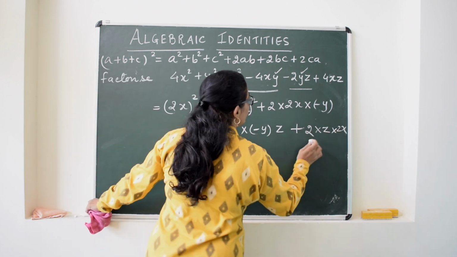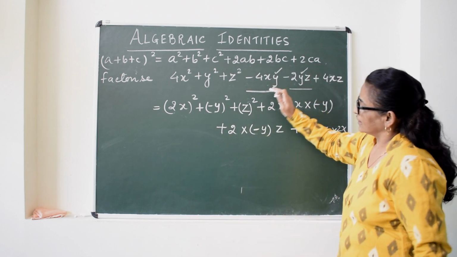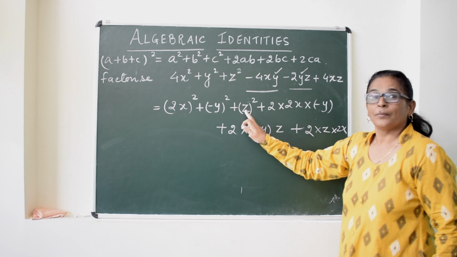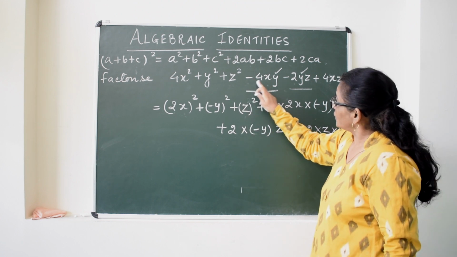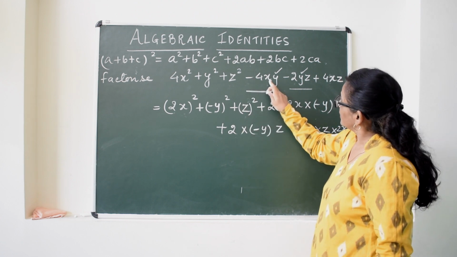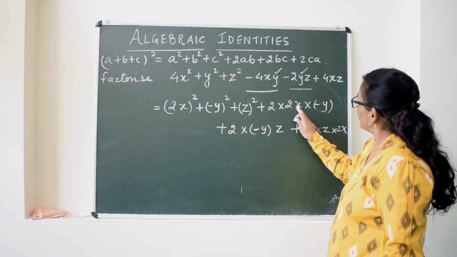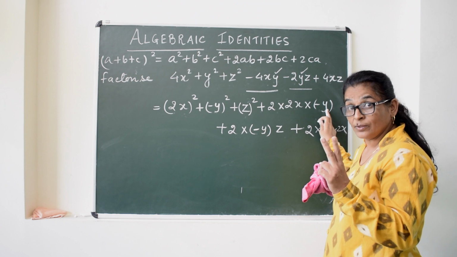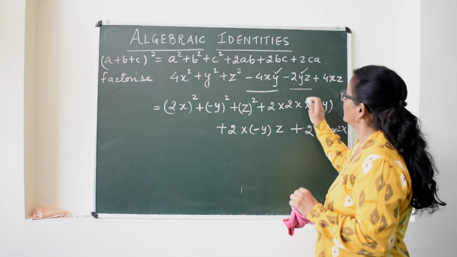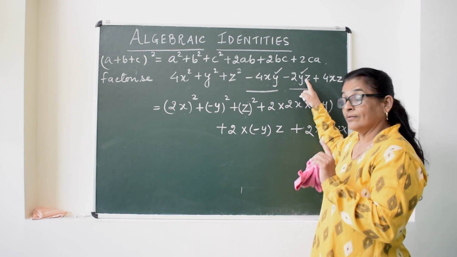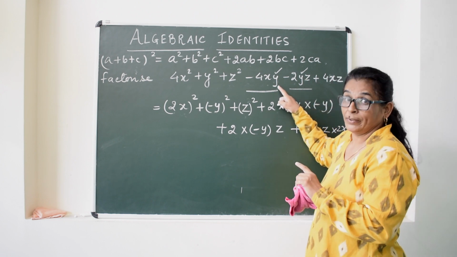So now compare it with the given expression. This is a square plus b square plus c square plus twice ab. So in place of this y, what we have written over here, plus twice a into b. b is the second term which is negative. And how did we find that? Because these two terms are negative and the common variable which is y, that should be negative.